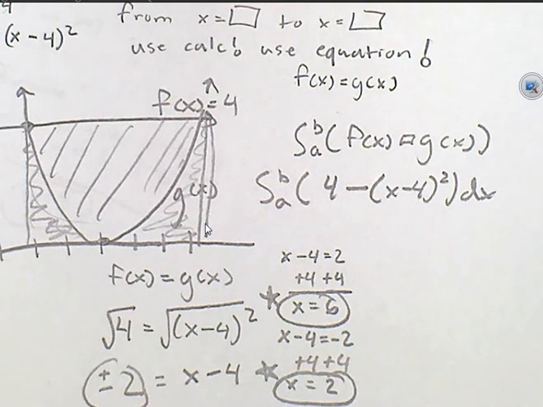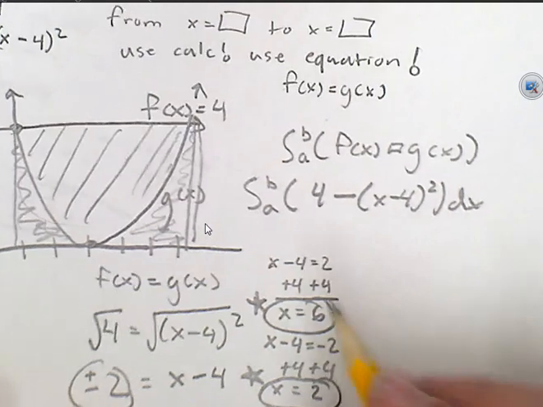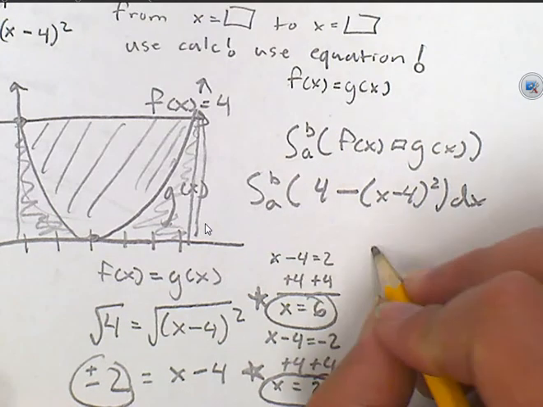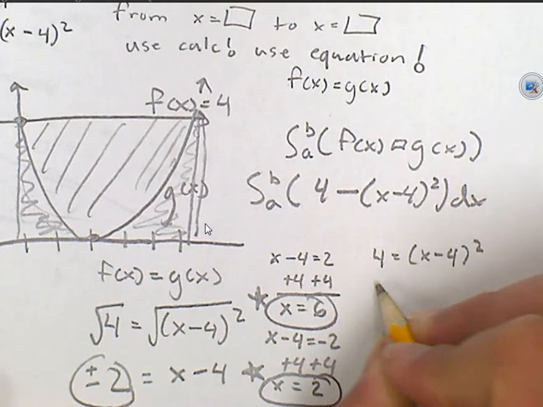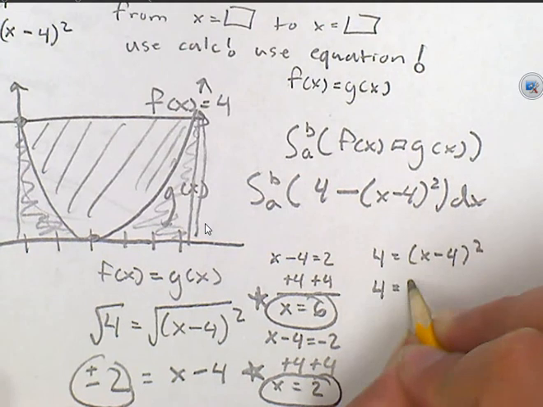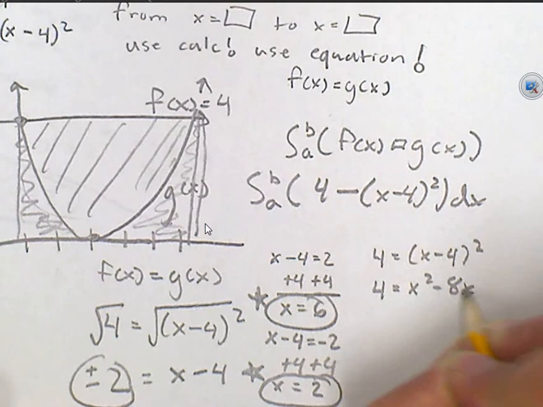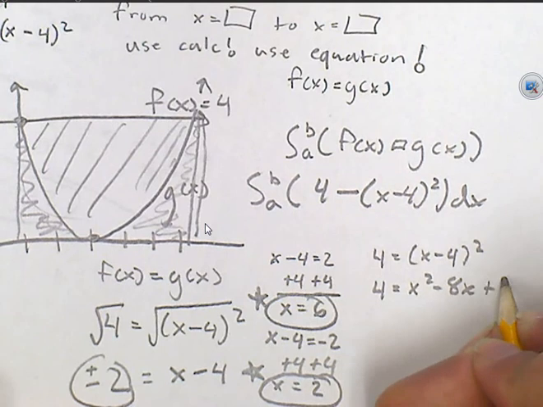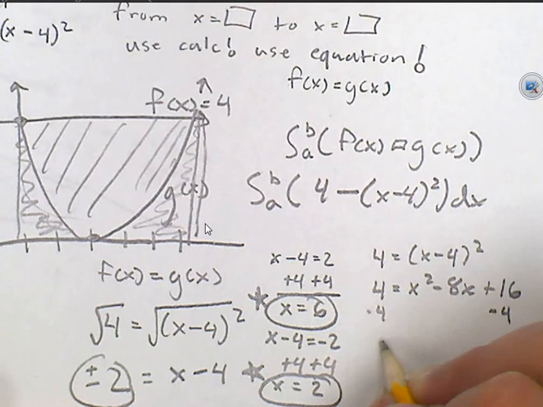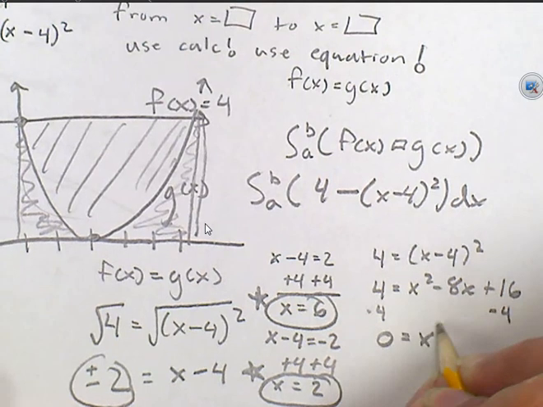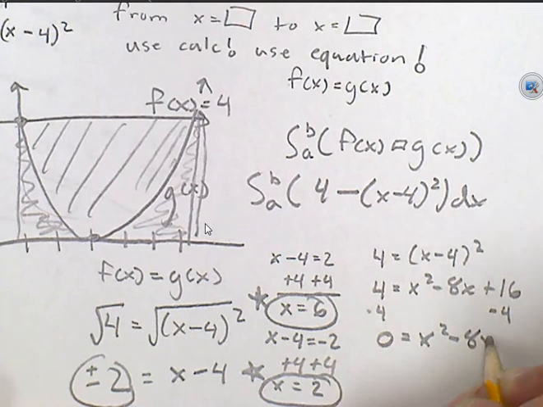The other way would be to FOIL it out. 4 equals x minus 4 squared. FOIL it: 4 equals x squared minus 8x plus 16. Subtract 4 and set it equal to 0: 0 equals x squared minus 8x plus 12.